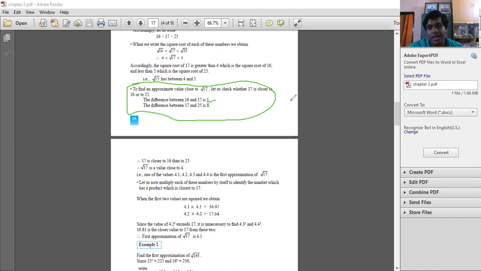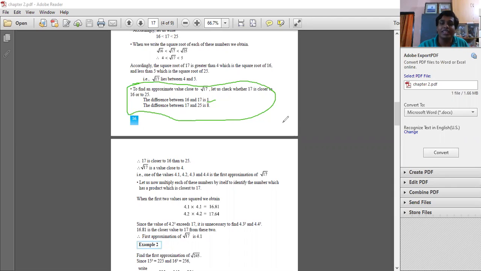When the difference of the square is 1, that means it is closer to the square 16. So the square root is a value close to 4, and we are approximating that too. We can't check everything.